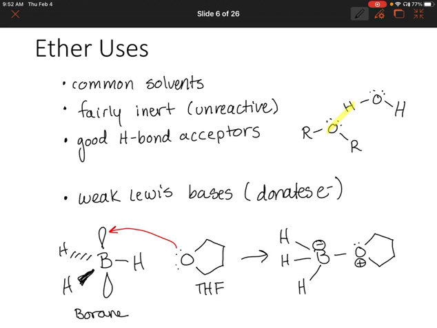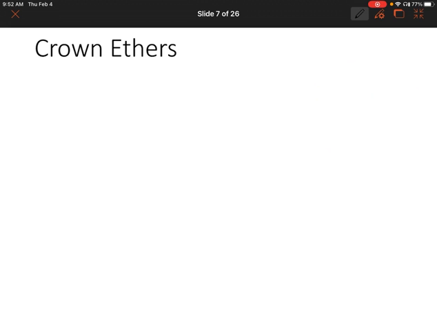Now, there's one other type of ether that we should talk about, and this is a really interesting type of ether. So this type of ether is called a crown ether, and these are really cool. So crown ethers look like crowns. So basically, you have a certain number of oxygens, and then they're all connected by a certain number of carbons. So this one I'm drawing, for instance, is connected by 2 carbon chains.